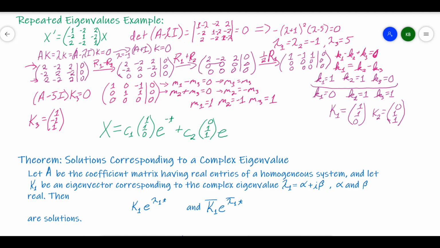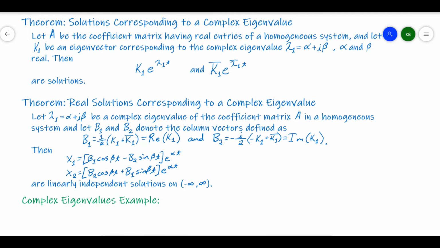Now remember, lambda 2 was also negative 1, so that's negative t as well. And then plus c3 times k3, 1, negative 1, 1, times e to that eigenvalue that went with it was 5, so e to the 5t. And there we have our general solution when we had repeated eigenvalues.